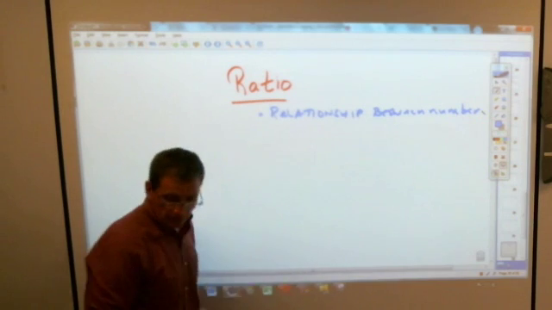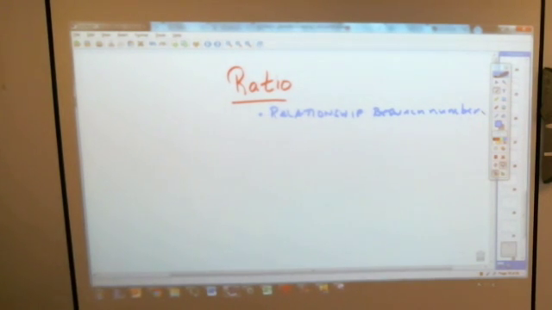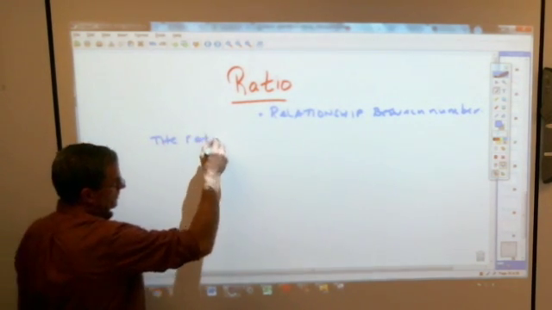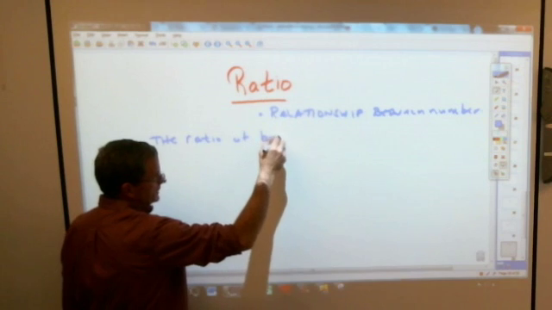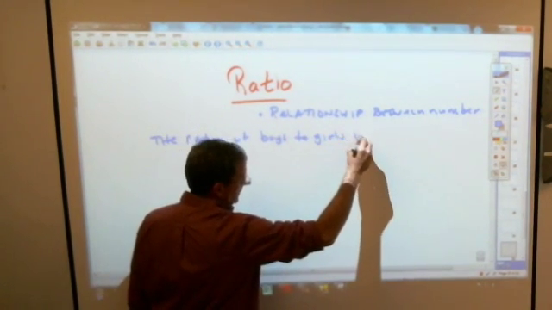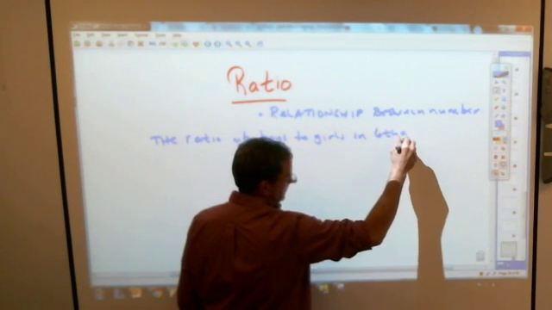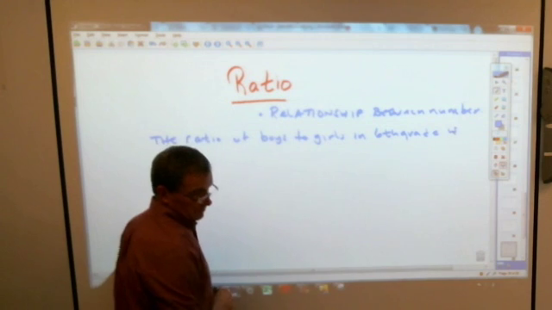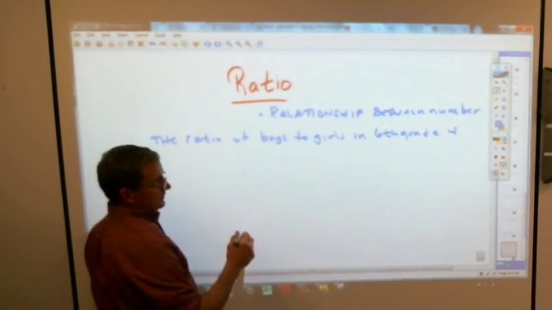For example, this one's going to be stunning and knock you off of your feet. The ratio of boys to girls in 6th grade is, what is it? 18 and 12. 18 boys?